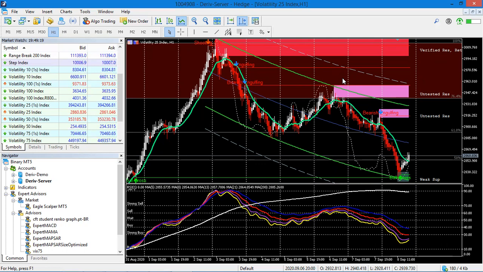There is loss. For you to be consistent in trading, you have to make more profit than you lose. So there's always profit and loss, but you have to make more profit than you lose, right?